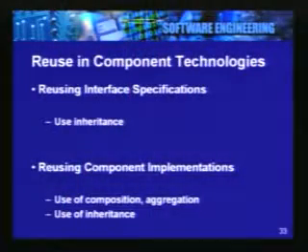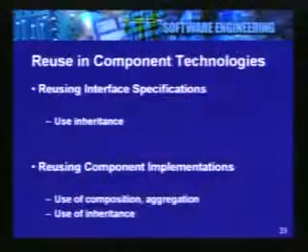And then how do you reuse components? We had seen inheritance relation in object technologies. When you talk of components, since we are decoupling interface from implementation, we are saying that interface can be in one language, an interface description language, and implementation in a different programming language. You can reuse these two separately. You can reuse interfaces using inheritance and describe new component interfaces using old component interfaces, and you can reuse component implementations using implementation specific reuse mechanisms.